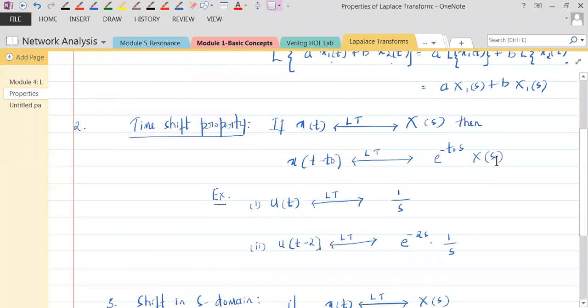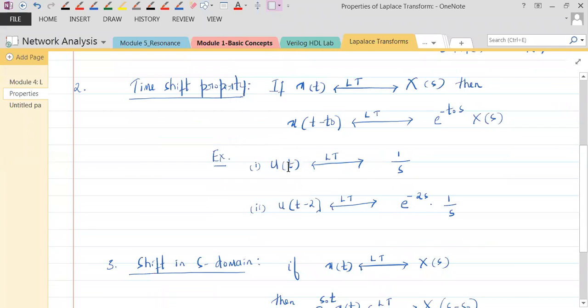Understand that? Now if we see the properties, we all know what u of t is, right? And we have derived the Laplace transform of this unit step function, which is 1 by s. So if the Laplace transform of u of t is 1 by s, what is the Laplace transform of the time shifted u of t?